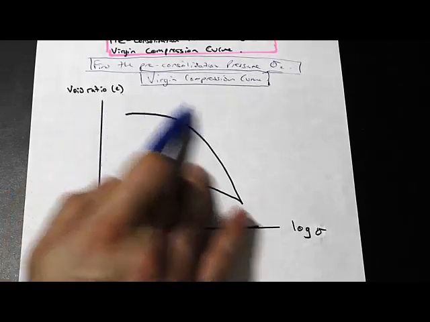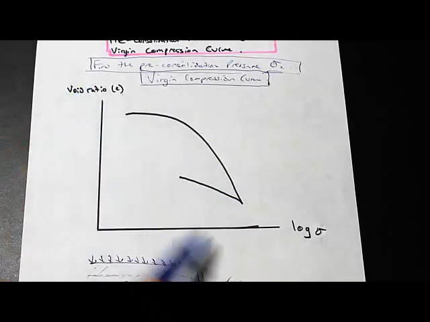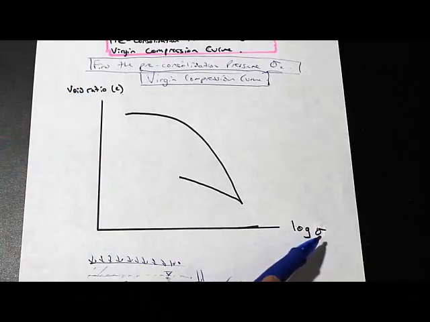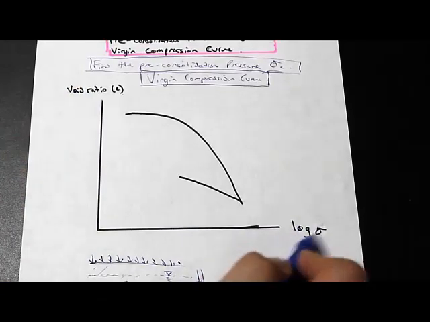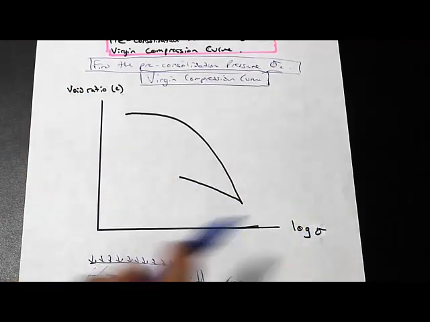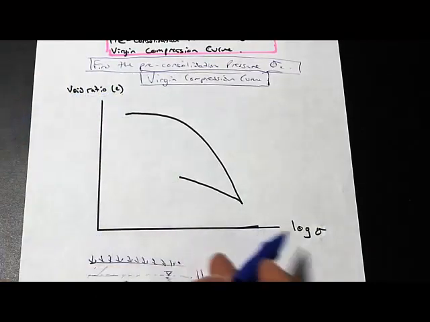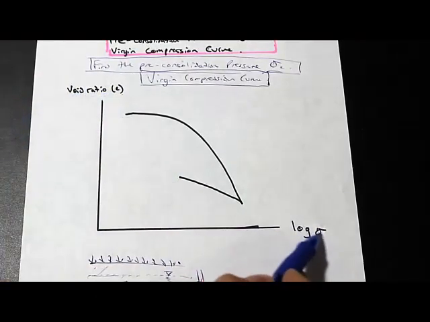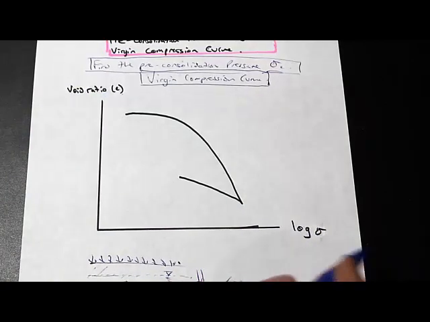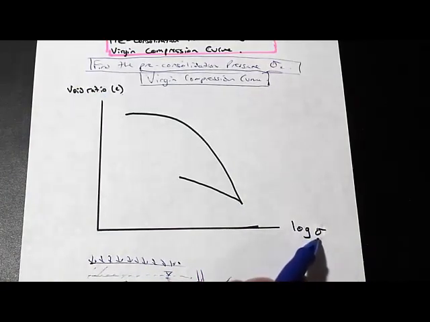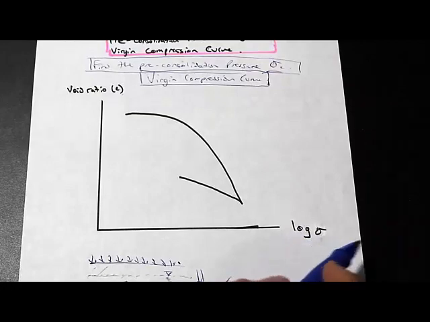At the end of the consolidation, this is what the void ratio relationship to the log of the vertical effective stress looks like. This is a semi-logarithmic graph because, as you can see, in the y-axis we don't have a log value, and in the x-axis we do have a log value of the vertical effective stress. You may also see it written as log p. We're using log sigma right now.